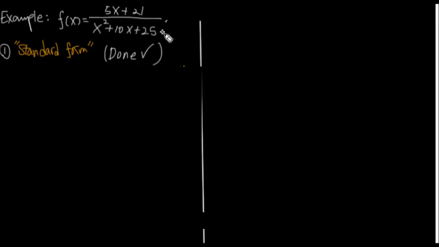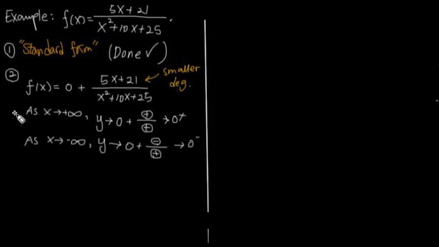Whether it's positive or negative infinity doesn't matter. The size dominates, therefore this will approach 0. So we already have something to say about this shape. But again, the point is that we don't have to do the long division. It's already a smaller numerator in terms of degree.